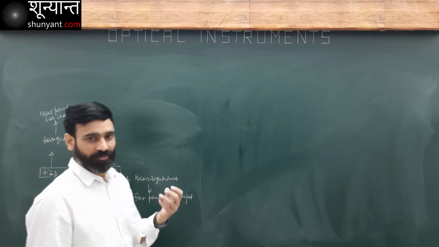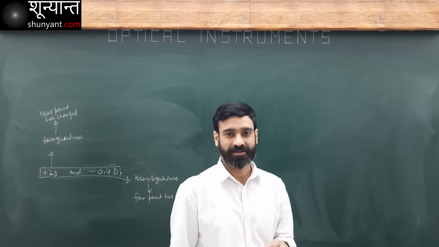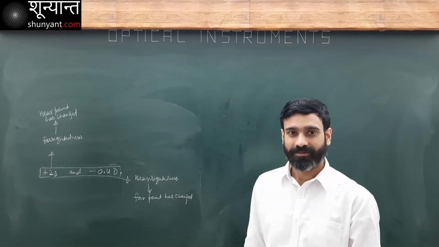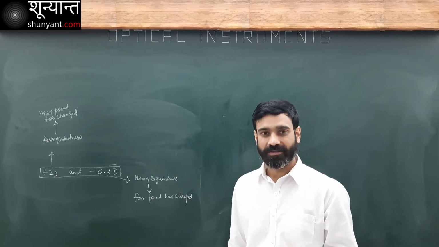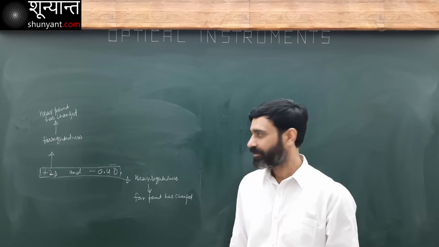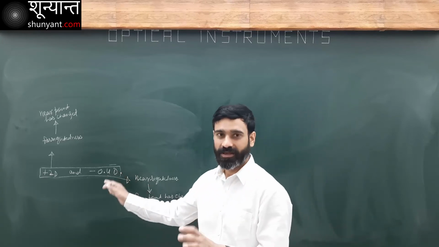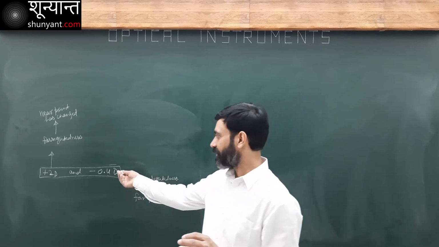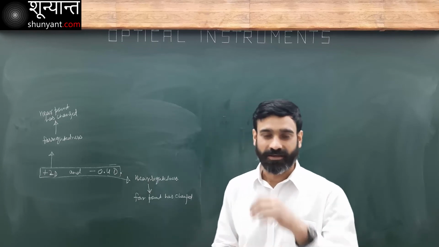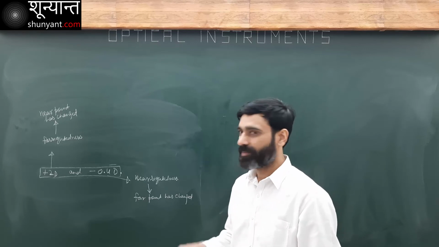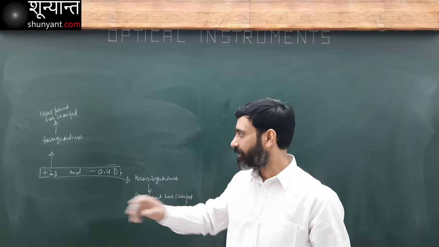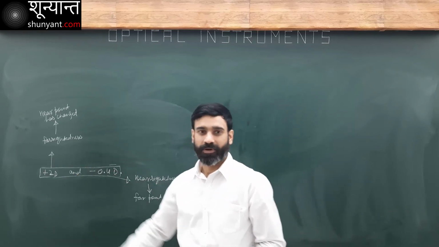So if you are a student watching this lecture and you happen to be using spectacles, the chances are very high that you are using a lens of negative power. This type of defect usually happens in young ages. The other generally appears in older ages.